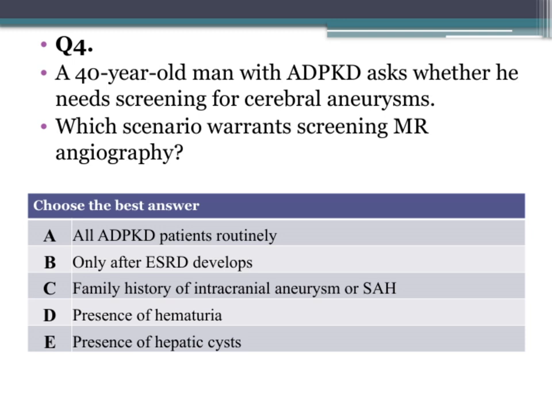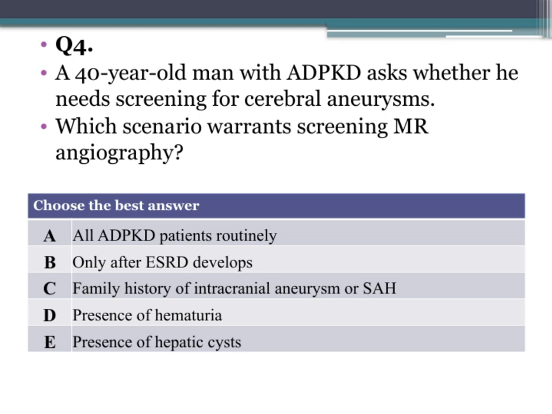Now, the third option, a family history of intracranial aneurysm or subarachnoid hemorrhage, is very important. This family history significantly increases the risk for aneurysms, so screening in this case is definitely warranted. The fourth option, presence of hematuria, is more related to kidney issues rather than cerebral aneurysms, so it wouldn't be a primary indication for brain vessel screening.